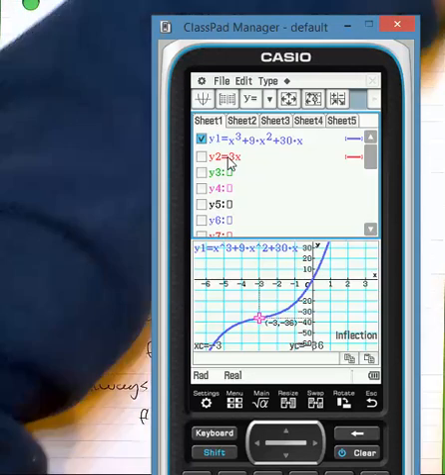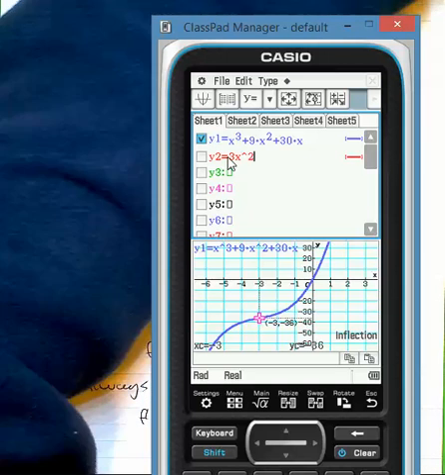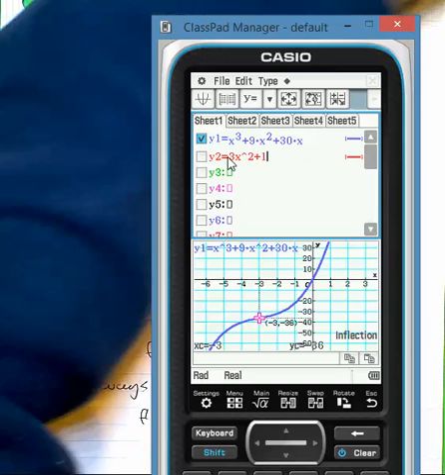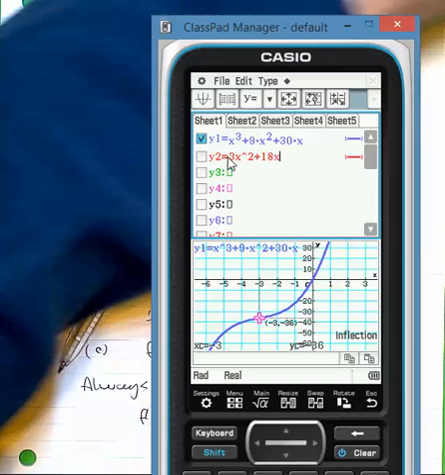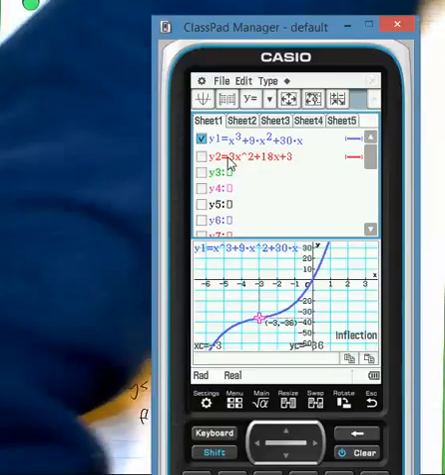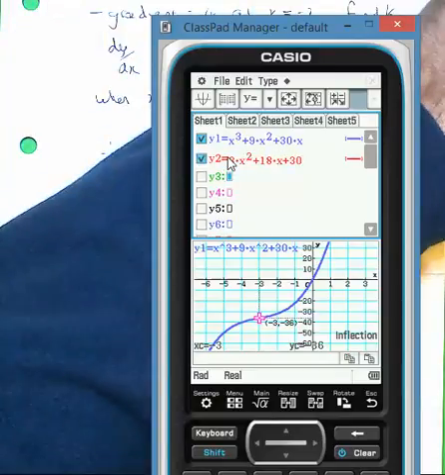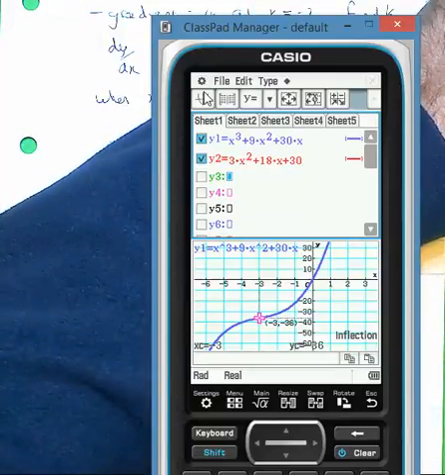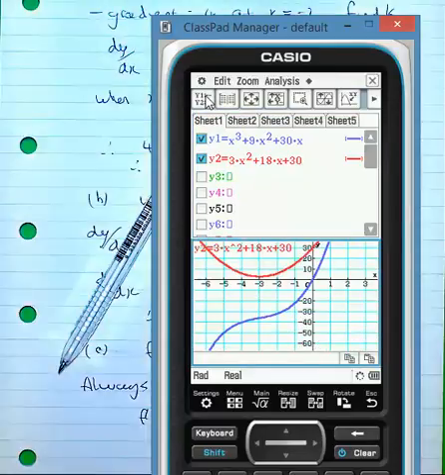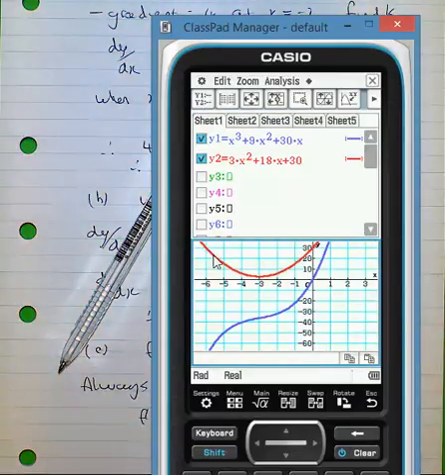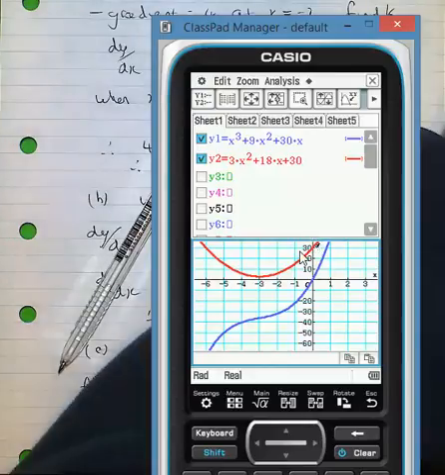We'll have a look to see what happens there. We'll graph that on the same axis. And you can see there that that takes a turning point form, and always positive there.